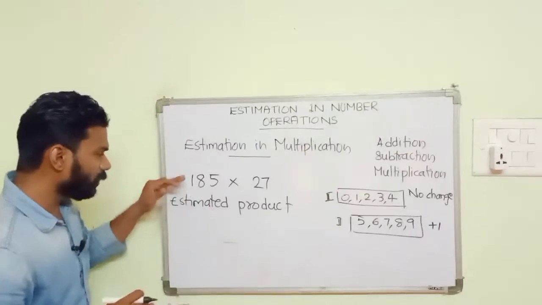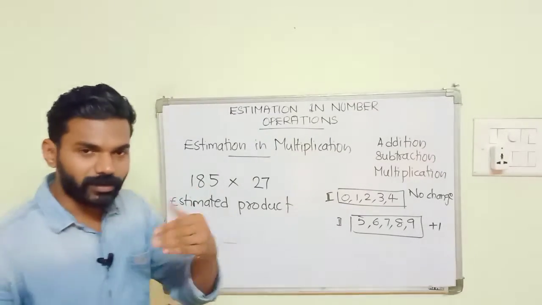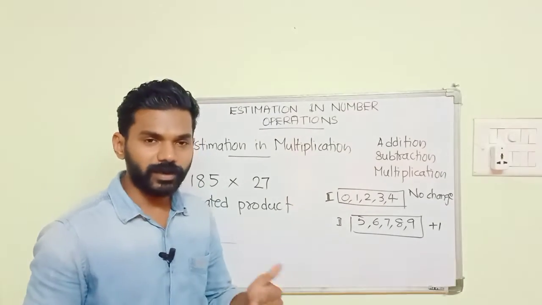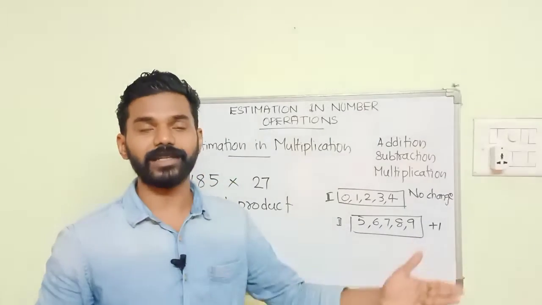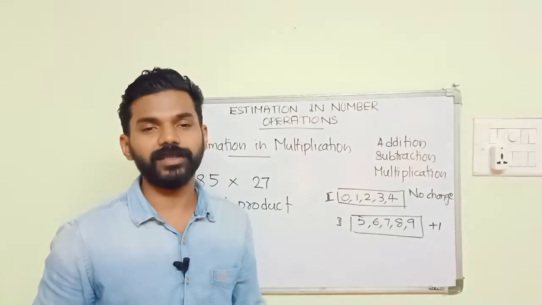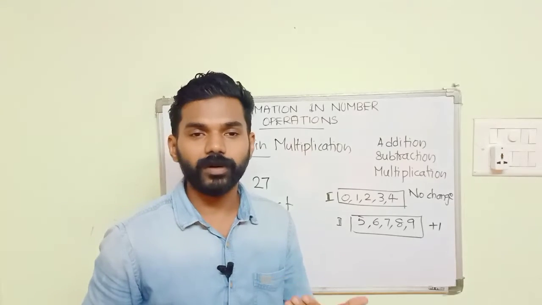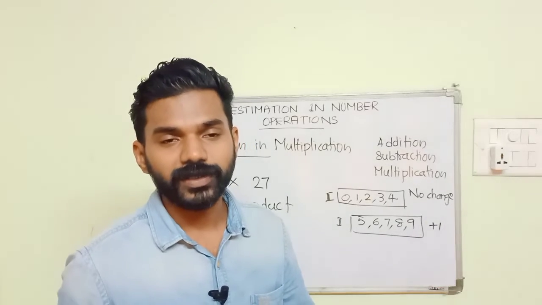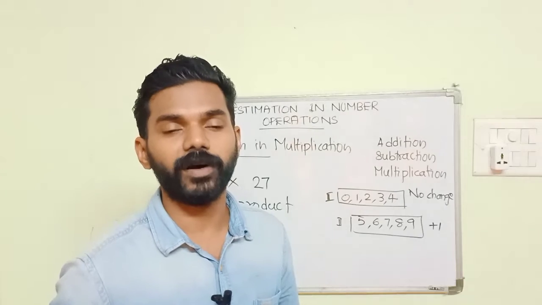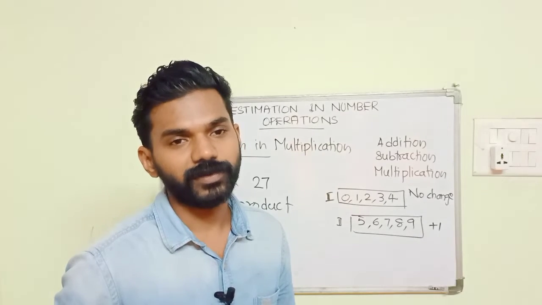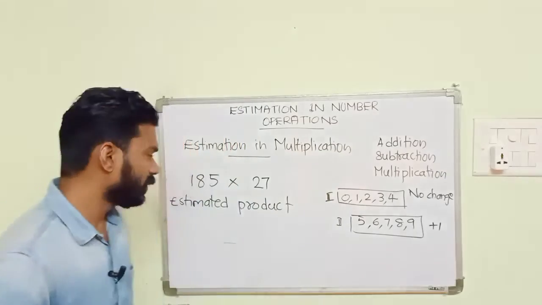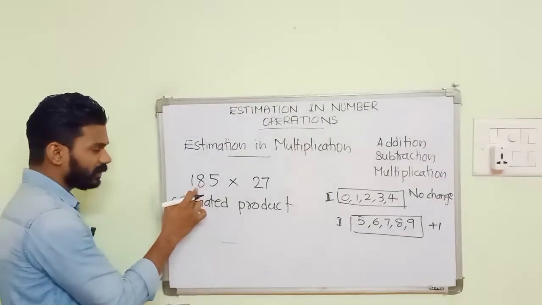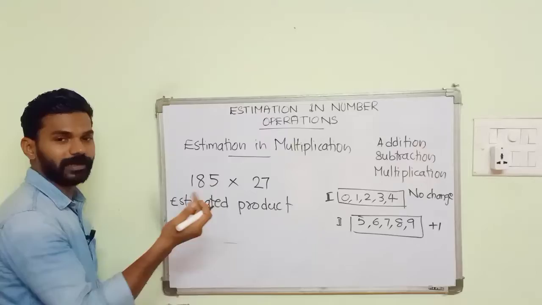So if you want to find the estimated product in an easy and faster manner, the best thing you can do is round off both the numbers to their greatest possible place value. Clear? So here you can see this is ones, tens and hundreds.